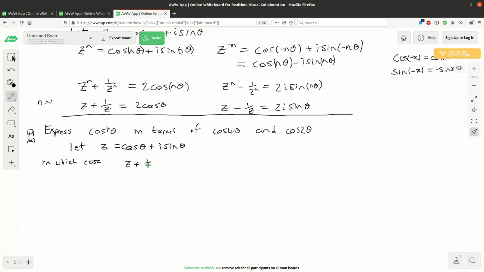Remember, z plus 1 over z is 2 cos theta. This is why we're doing this, so we can find out what cos to the power of 4 theta actually is, and then apply de Moivre's. So we have 2 cos theta to the power of 4, which is 16 cos to the power of 4 theta. Never forget that, because it's really easy to forget to divide by 16 at the end.